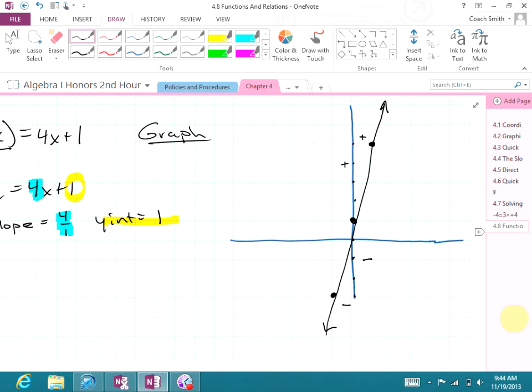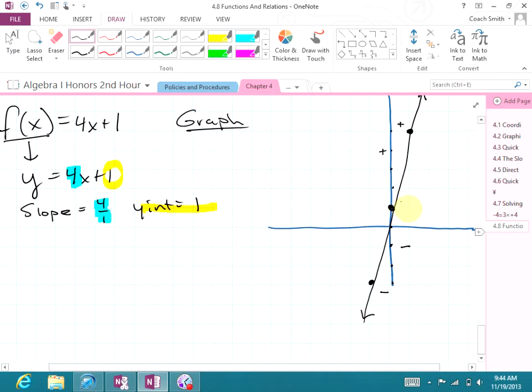Yes, Ella. The point right there, yes. And so the one on the top is the slope? No, how I got the one at the top is using the slope, going up 4 right here and going over 1. So that is 4 units, and that is 1 unit. It was a positive 4 and a positive 1.